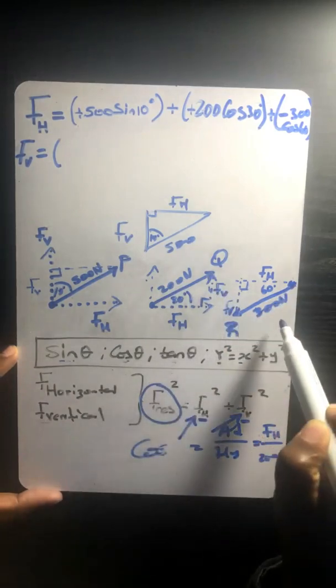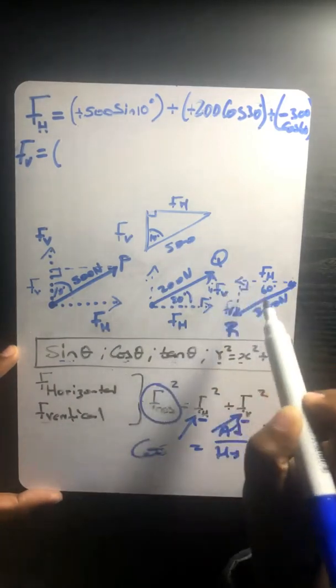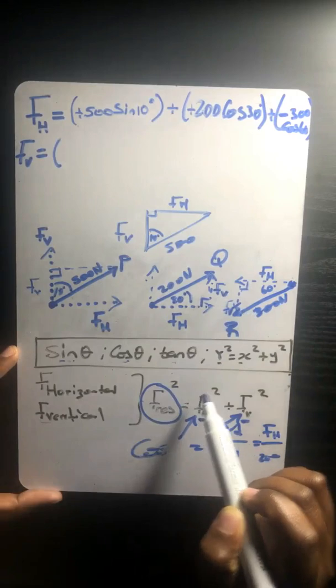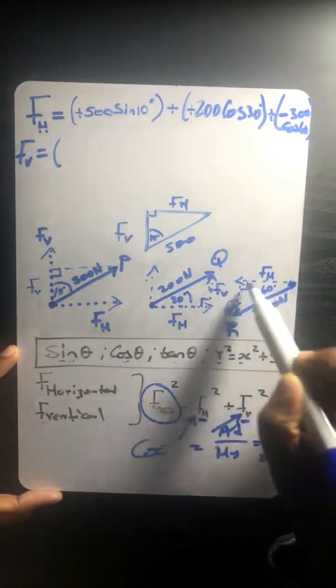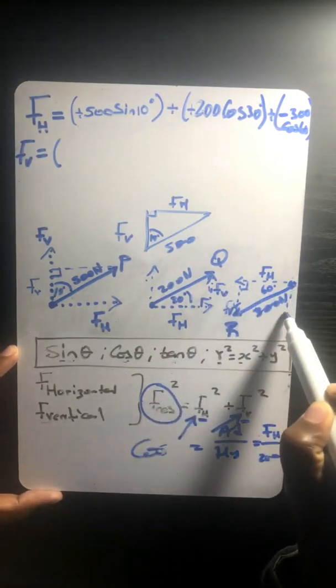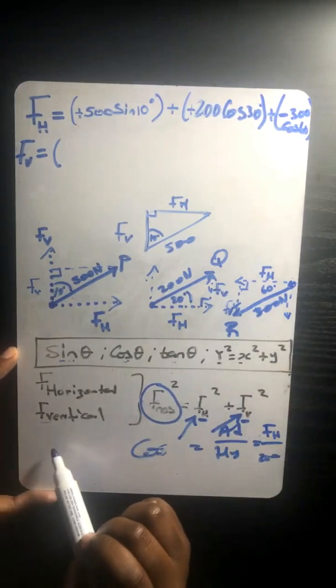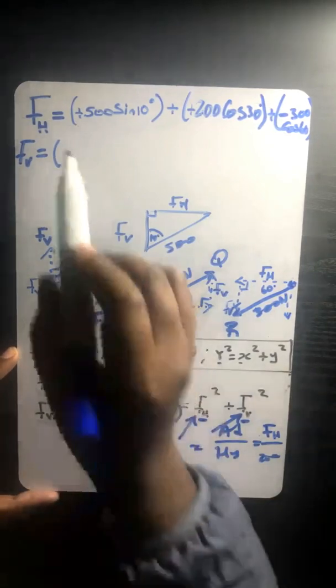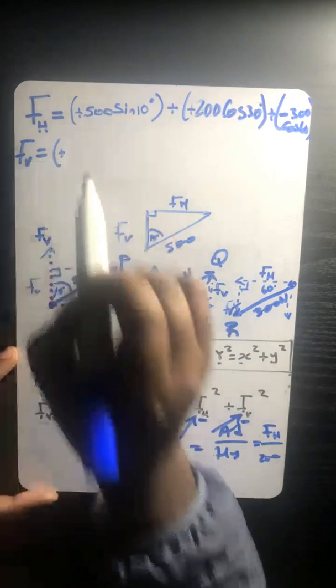This one is going downwards. We just know that we have a vertical, so that means it's going to be positive.